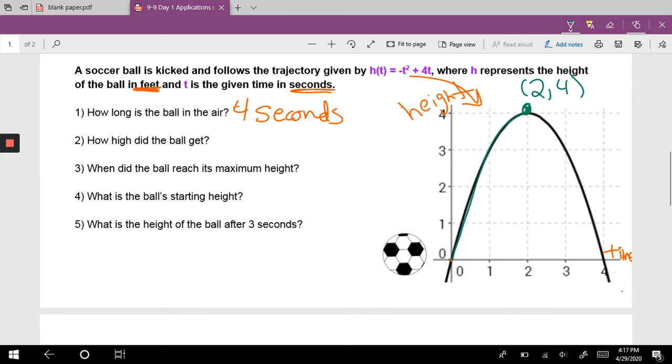But again, we've got to think about, well, which one of those tells me the height of the ball? X is time, and Y is height. So the Y value of this would be the height of the ball. So this would be 4. And if we look back into our problem, height is measured in feet. So this would be 4 feet.